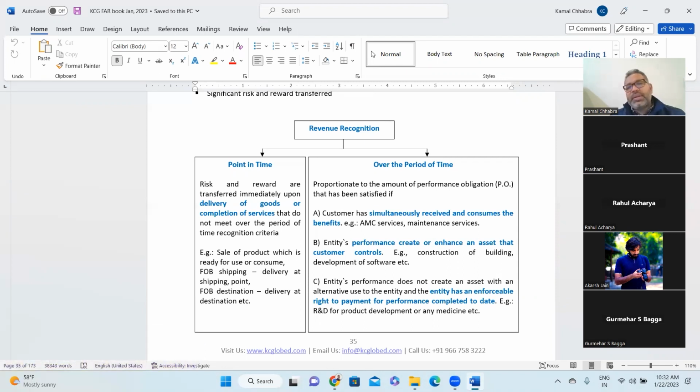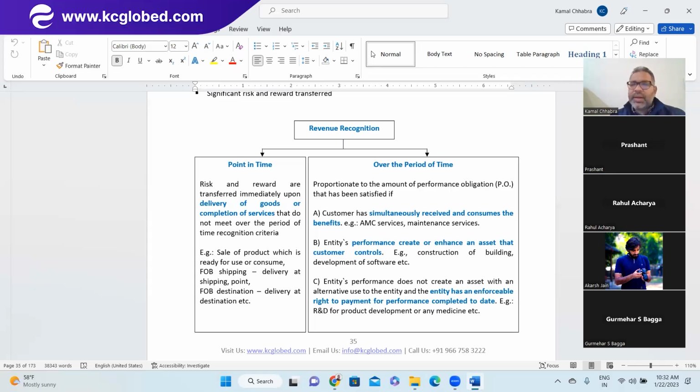For example, let's say you have a laptop and you are using an AMC service for the laptop, or maybe you have an office with, let's say, 10 computers, and you are taking AMC service. You are using the AMC service over the period of time, but you do not know when it will actually be required. The same is the case with warranty.